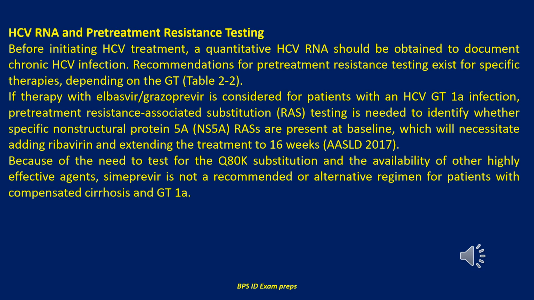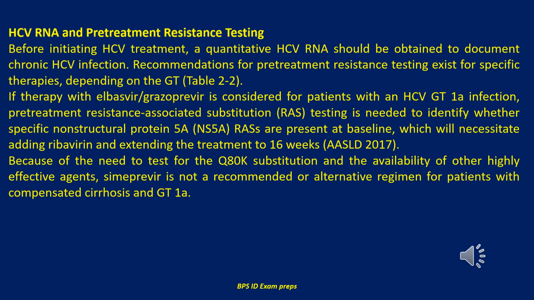Before initiating HCV treatment, a quantitative HCV RNA should be obtained to document chronic HCV infection. Recommendations for pretreatment resistance testing exist for specific therapies, depending on the genotype. See Table 2-2.